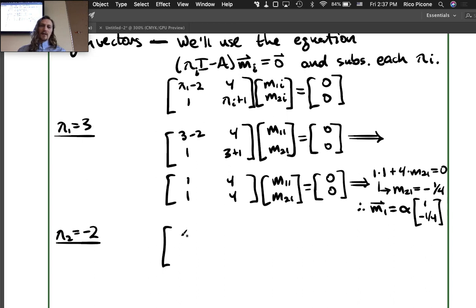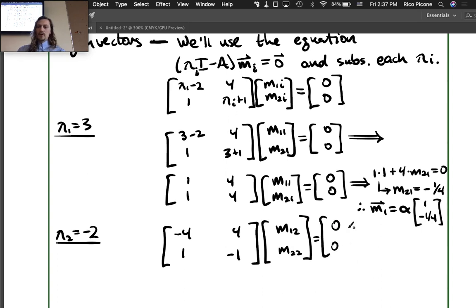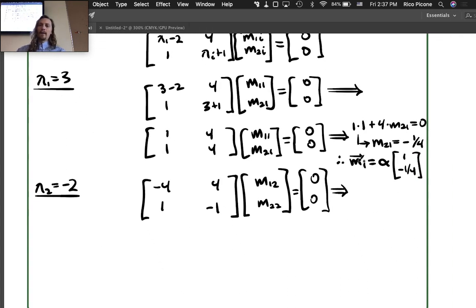So it's negative 2 minus 2, which is negative 4, 4, 1, negative 2 plus 1 is negative 1, times m12, m22, equals 0, 0. Okay, once again, we can read off either equation. Let's take the upper equation, but we can take the lower equation. It'll give us the same solution, so no big deal.